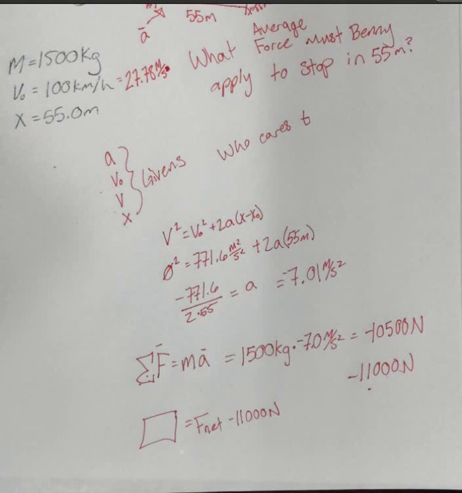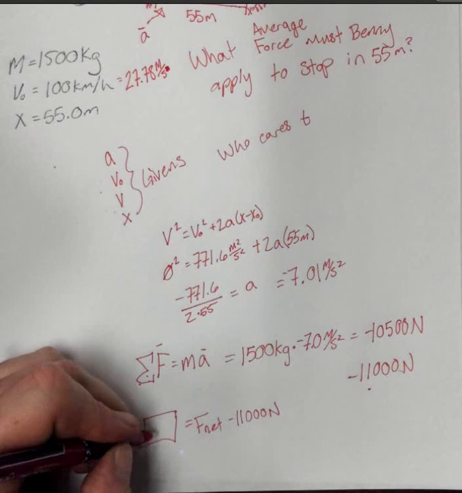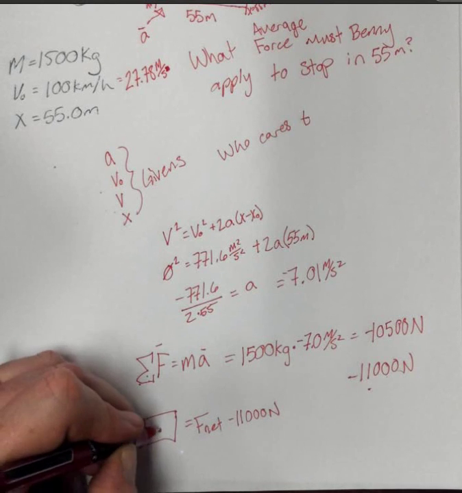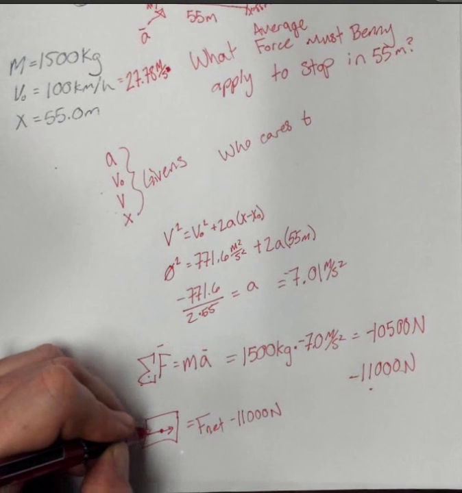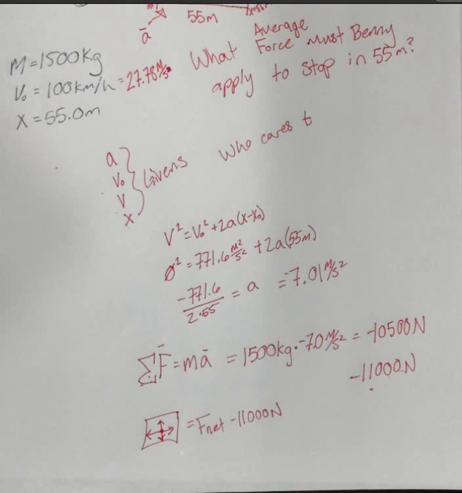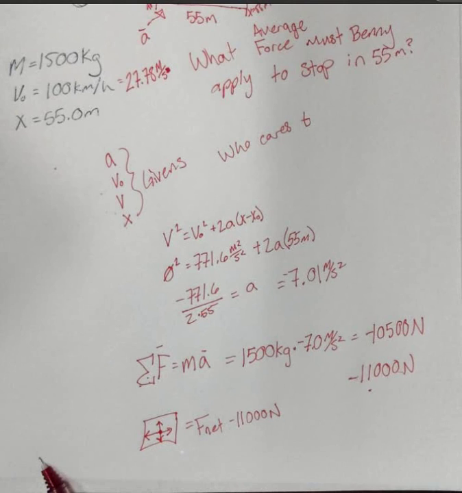That's all you know. You don't know whether there were forces pushing forward and forces pulling back. You don't know much about what caused it. You only know that the net force that caused it was negative 11,000 newtons. That negative sign means that it was a force in the opposite direction to the motion.